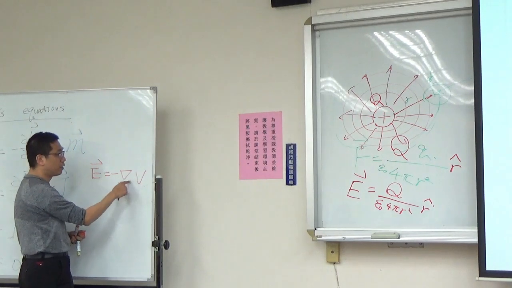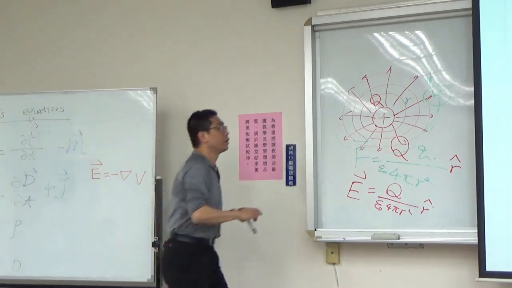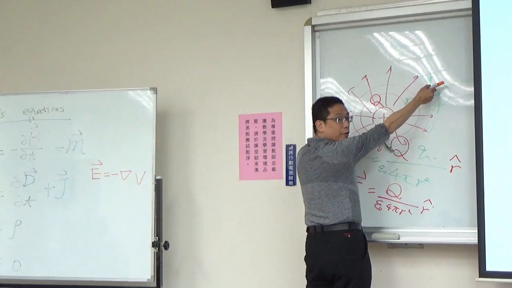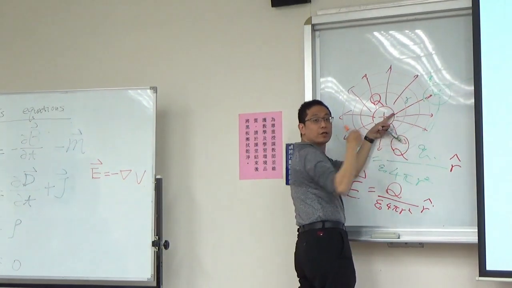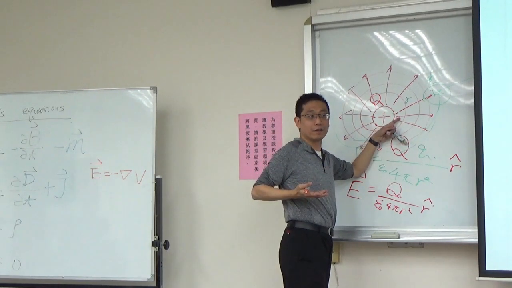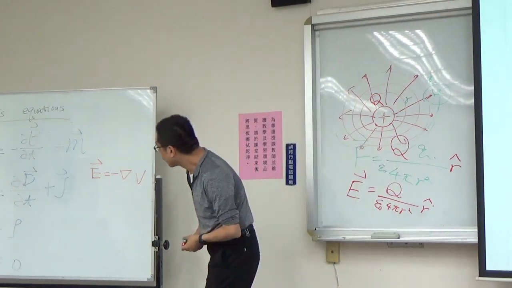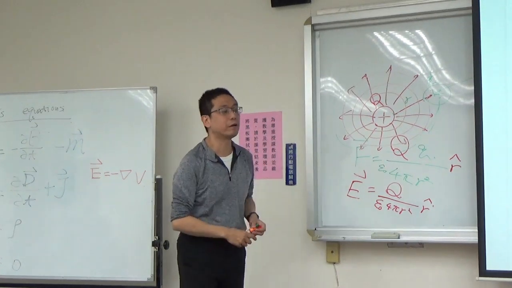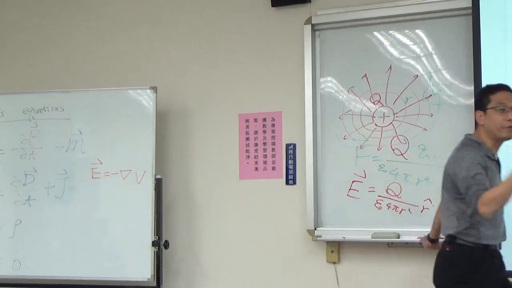You take the gradient and a minus because the direction of E is outward, but close to your center charge, you have higher voltage. Okay? Understand? So this is the original theory about the electric field. Okay, then we can start.